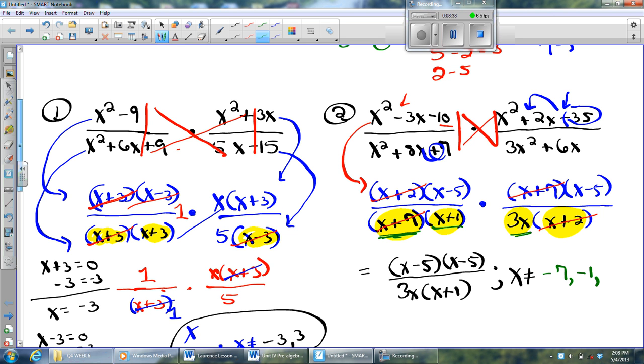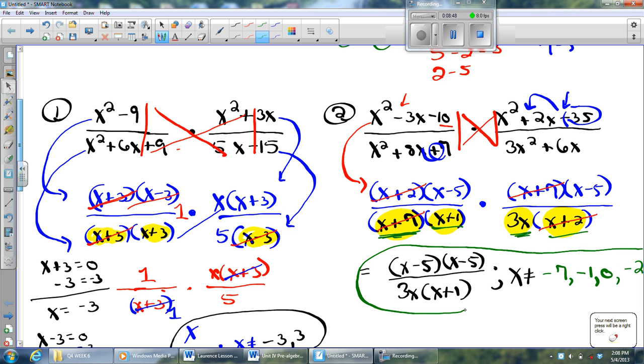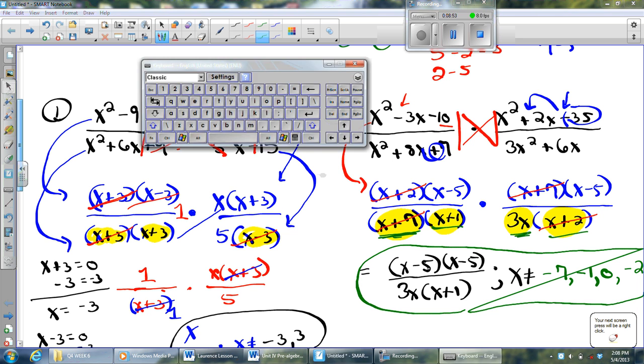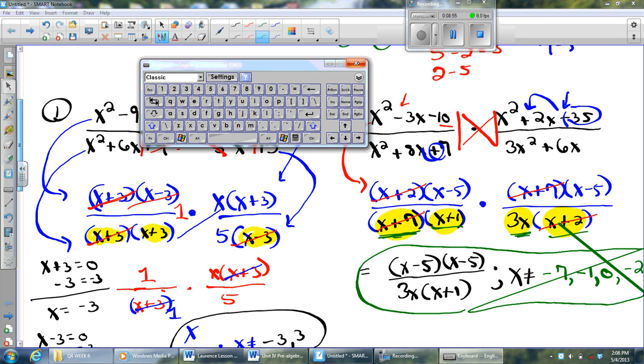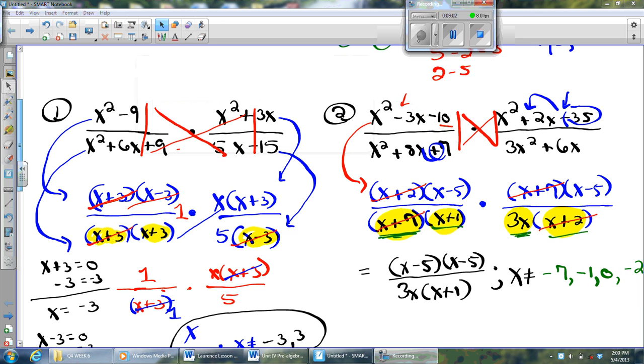When is this quantity 0? When x is 0. When is that quantity 0? When x is negative 2. So I actually have 4 restrictions. So the product is equal to x minus 5 times x minus 5 over 3x times x plus 1, having some things going on here, but I think I fixed it. The product is equal to this fraction only when x does not equal any of those 4 numbers.